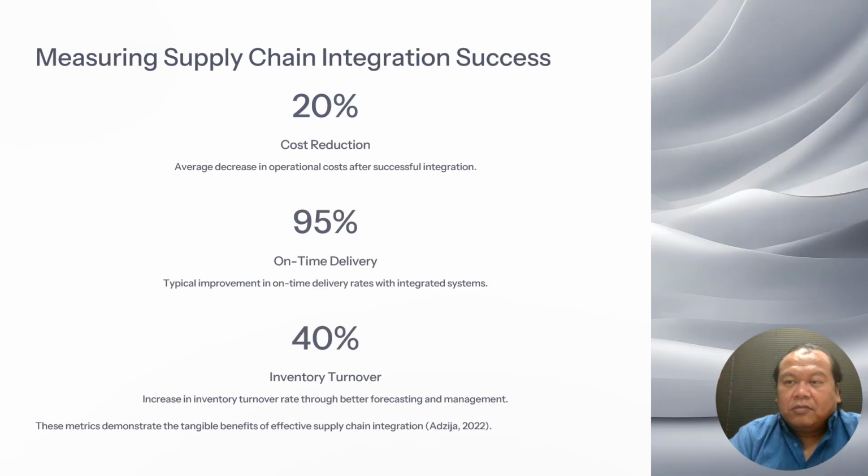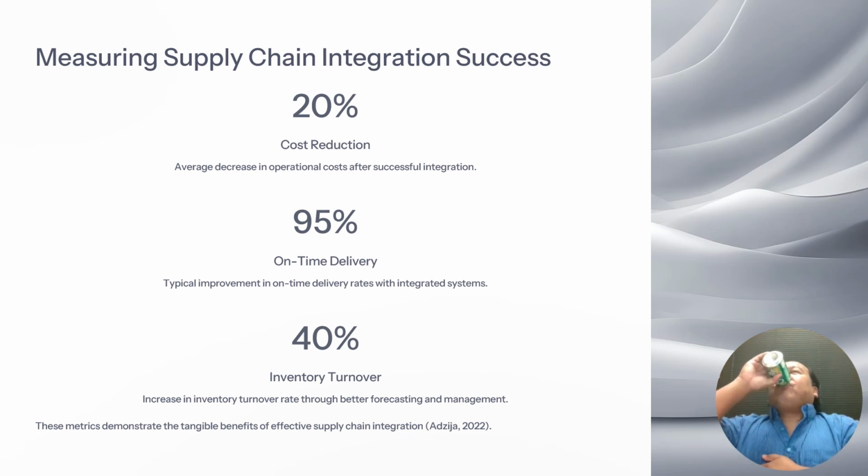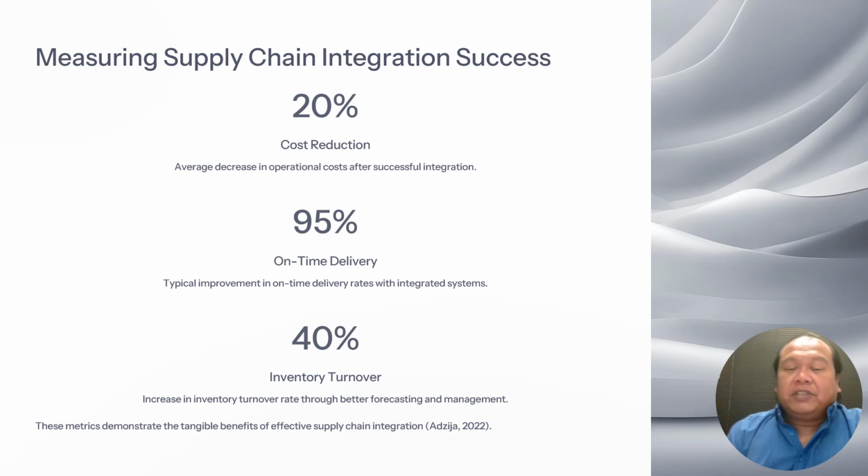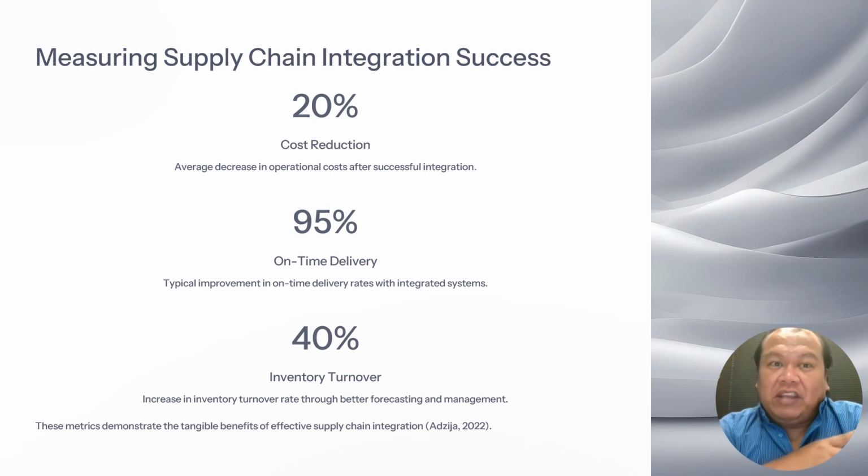We got cut because of some technical difficulties. If you have an activity, I will just post the specific instructions of that activity, and that activity is all about identifying a very successful supply chain integration program.